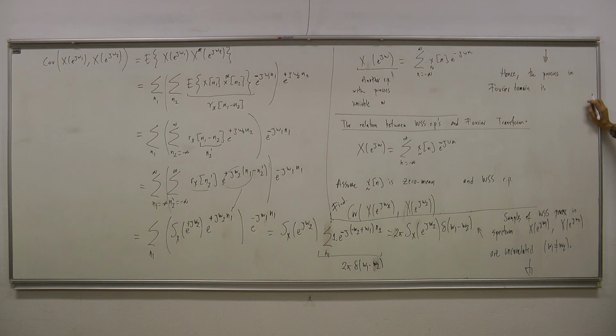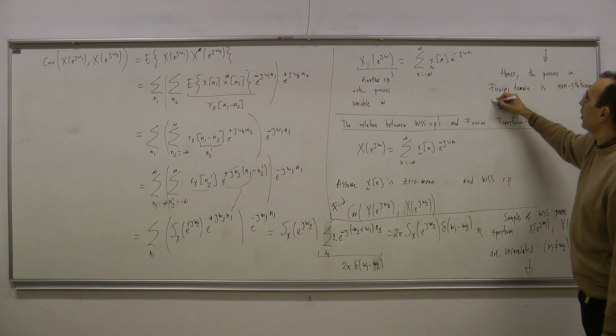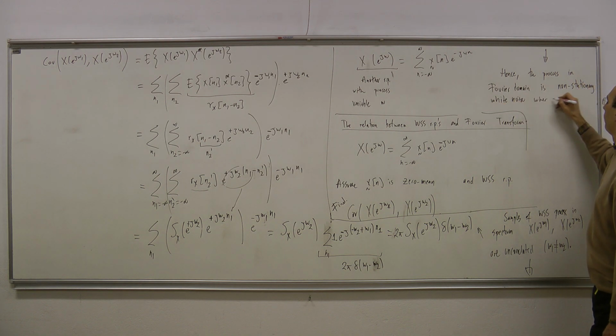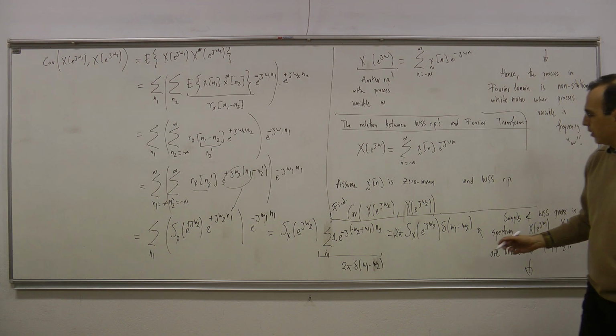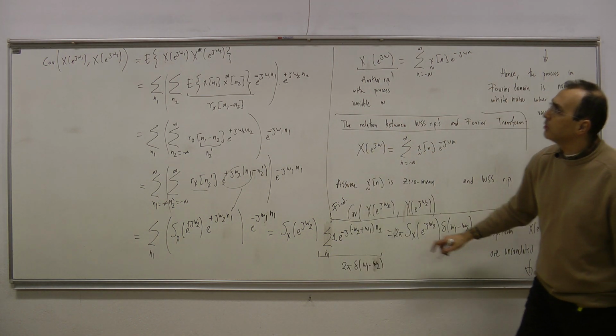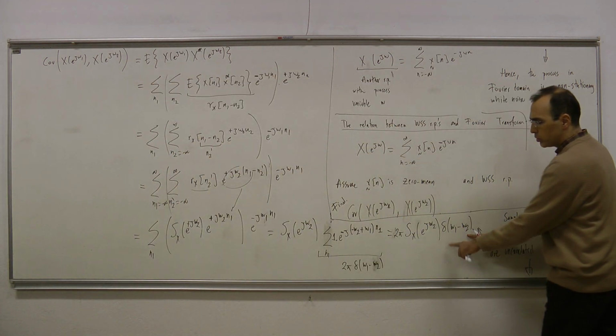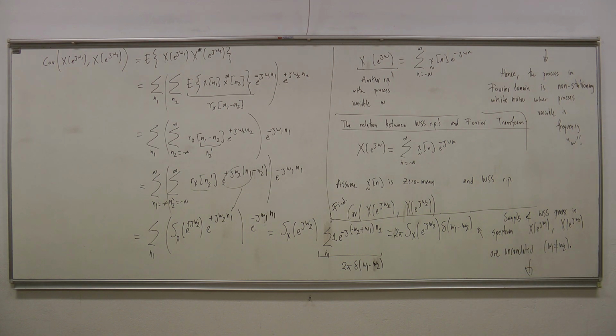The process in Fourier domain is non-stationary white noise, where the process variable is frequency omega. Okay, so this is our interpretation. As you see, the covariance of these two, when omega 1 is not equal to omega 2, is always equal to 0 because of this simple calculation. And this is valid for all wide-sense stationary processes.